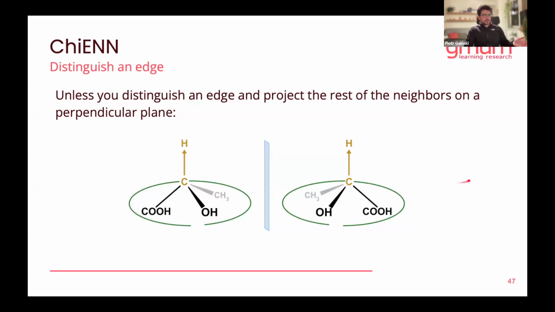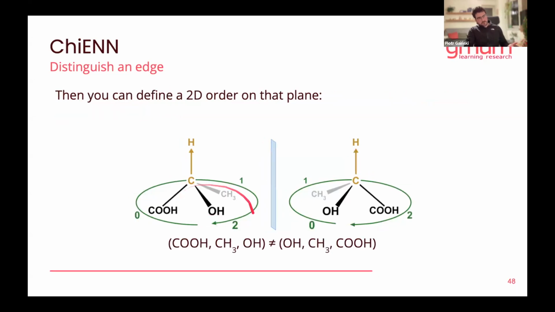We can choose some direction, as before in the 2D case, and order the constituents like this. So when we distinguish an edge in a molecule, we can reduce this 3D case to the 2D case, which we can deal with.